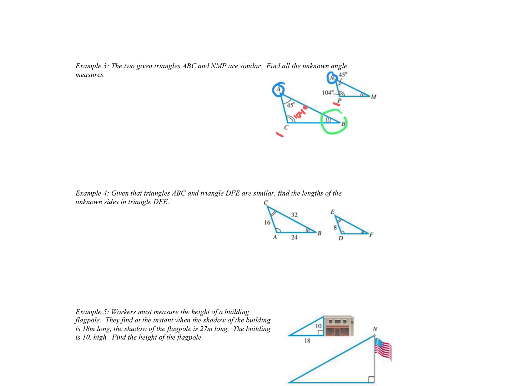Then to find angle B, which is also angle M, you do 180 minus 104 minus 45, which will equal angle B, which also equals angle M, because corresponding angles have equal measure. So the measure of angle M is equal to 31 degrees.